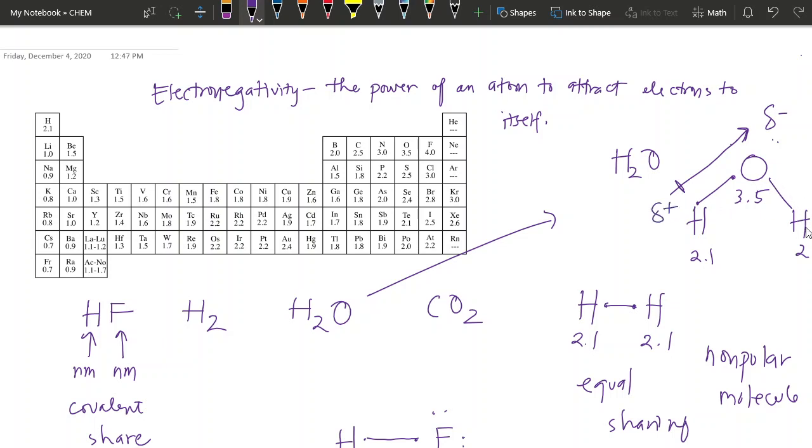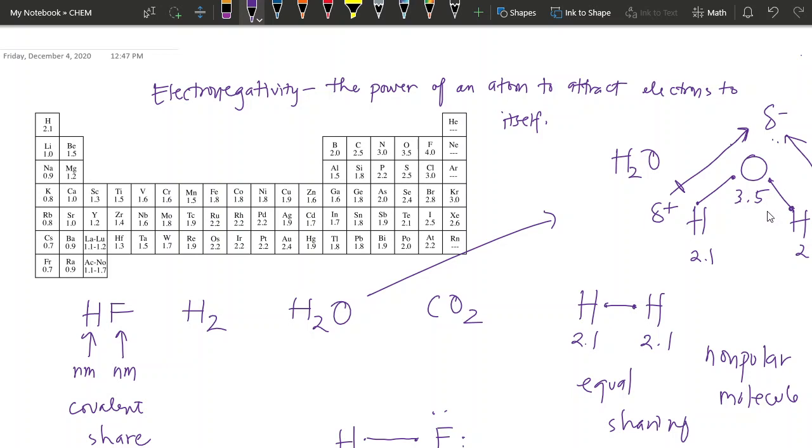On this bond also, they are sharing this electron here. But again, oxygen is much stronger compared to this atom here. So the electrons will move closer to oxygen, giving it a charge of partially negative, and this side will become partially positive. So here, H2O molecule is composed of polar bonds. Here, polar, and this one is also polar.